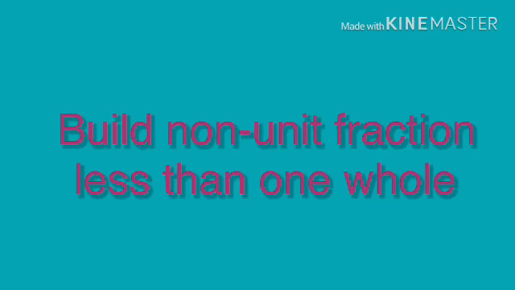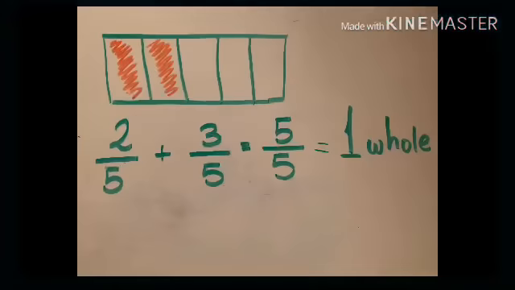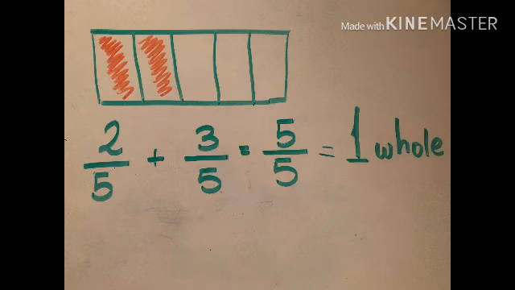Today we will learn how to build non-unit fractions less than one whole. What we have here is a one whole that has been partitioned into 5 equal parts. 2 of them are shaded and 3 of them are not.